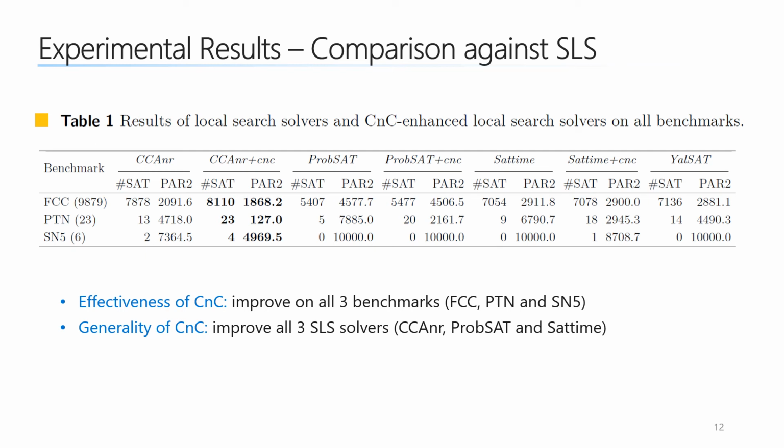Also, the CnC method is general, since it can enhance the practical performance of all 3 solvers, including CCAnr, Probsat, and Sattime. Also, CCAnr equipped with the CnC method significantly outperforms YalSAT on all three benchmarks.